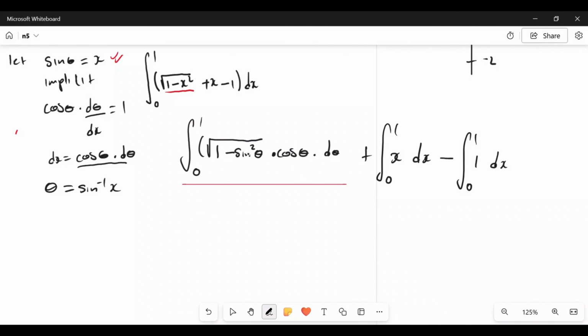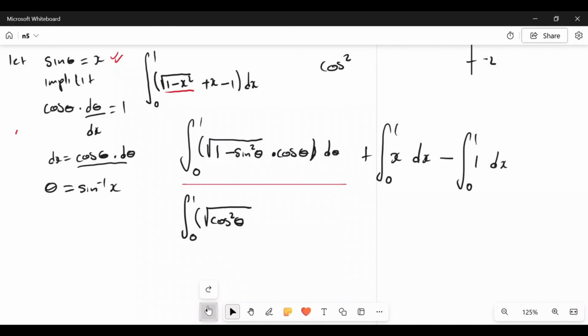So let's continue. Remember, 1 minus sine squared theta can be written as cos squared theta. Let's put a bracket here. I forgot the bracket. So we can write the integral with upper limit 1, lower limit 0. Under the root, we can write cos squared theta, because we know that cos squared theta is the same as 1 minus sine squared theta from the square identity.